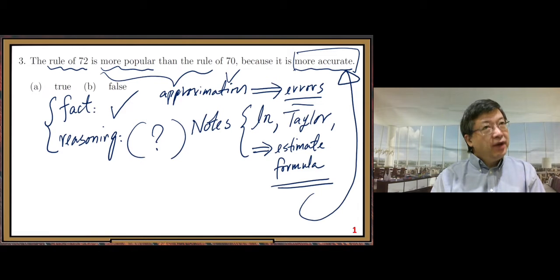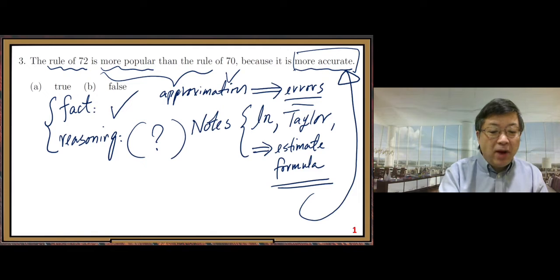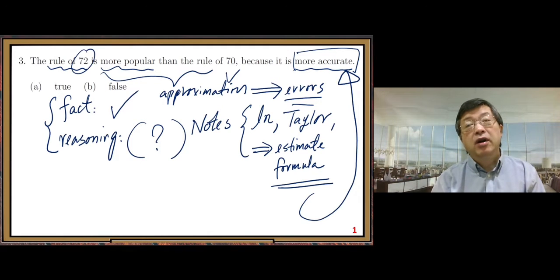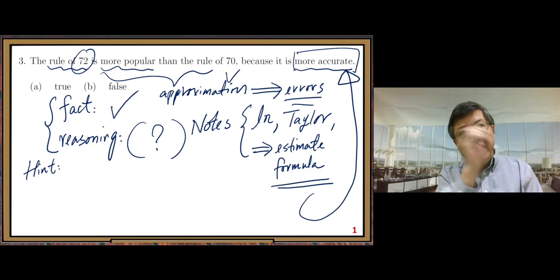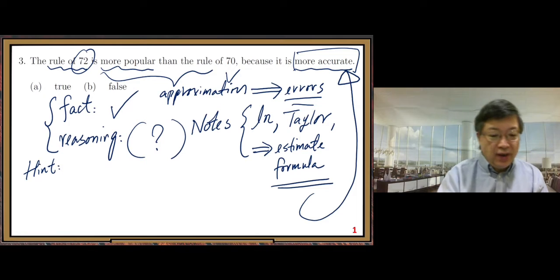If it is not correct, there must be some other reason that makes it more popular. Could be other reasoning, other reason behind that fact. Here, I want to give you a hint to look at another possible reason.